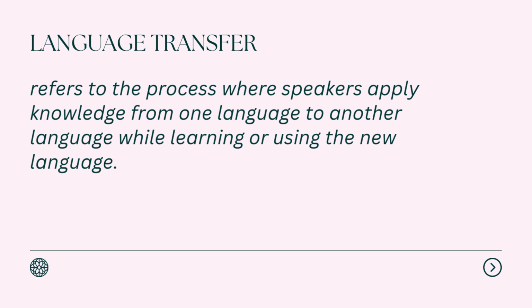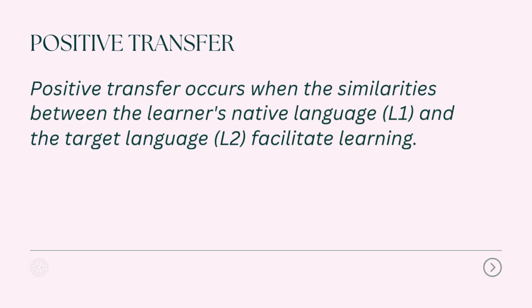So what other concepts does language transfer have? Here we have positive transfer. What is positive transfer? Positive transfer occurs when the similarities between the learner's native language, also known as L1 in short, and the target language, which is L2, facilitate learning.